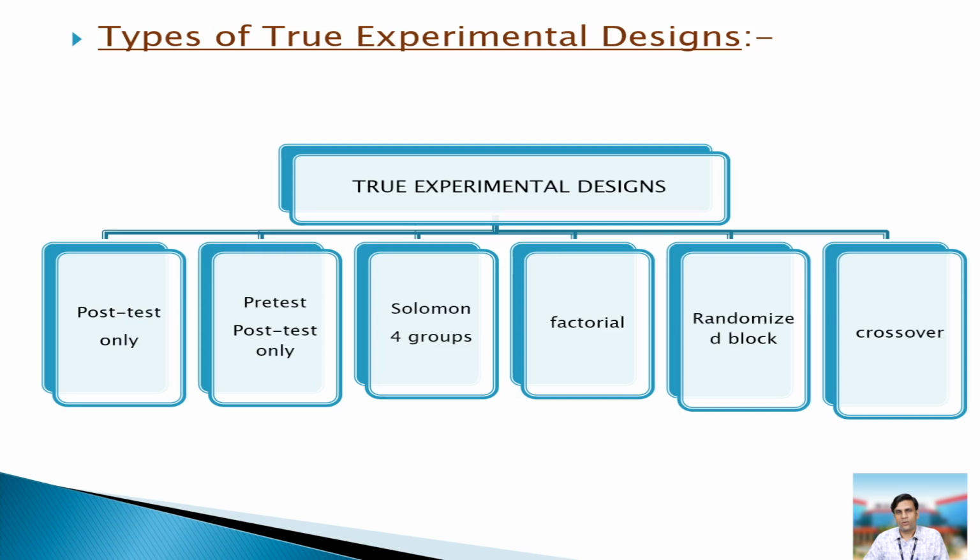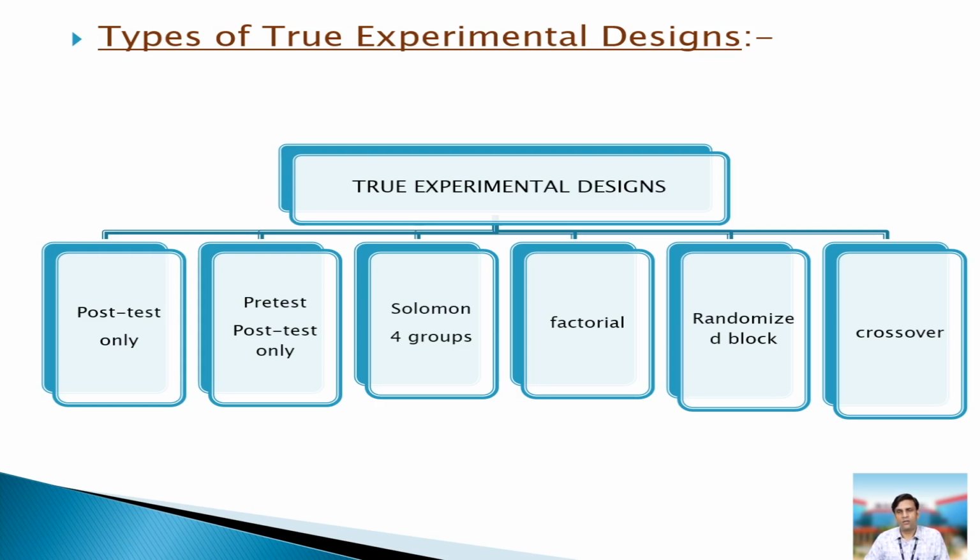Another type of true experimental research design is factorial design, in which there are some factors considered to select the subjects and do the research. Another type of true experimental research design is randomized block design, where it is quite different from our earlier 4 research designs of true experimental design, which we have already discussed.